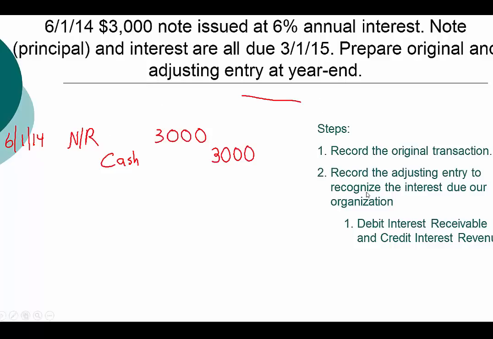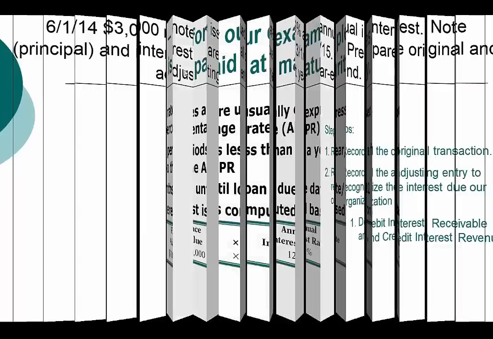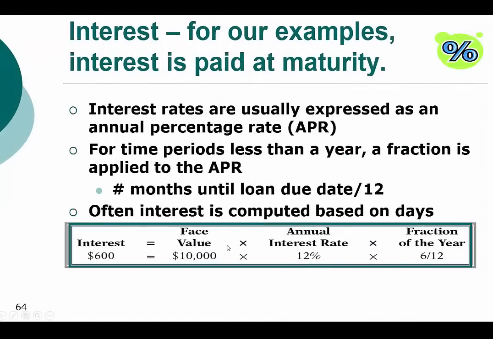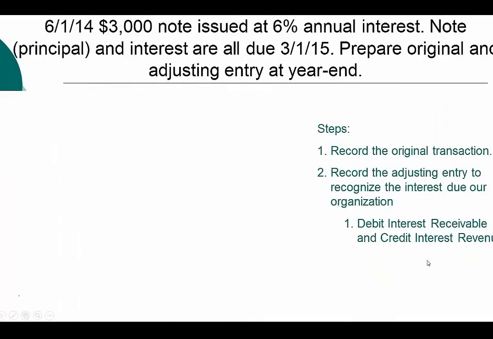Then the adjusting entry, we need to recognize the interest, so we're going to have to calculate the interest, and it's going to be based on the month. So we have 7 months until 12/31. So we need to go back and use that formula. So $3,000, 6%, and 7/12 is the formula that we would use.